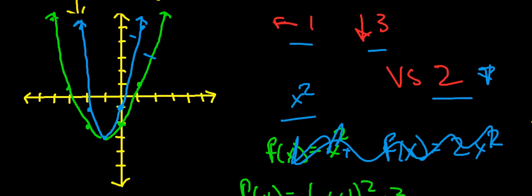So I hope this was helpful in working through these problems. It's really just a matter of doing the problems and being familiar with what each of the base functions looks like. The x squared, the square root of x, just the very simple functions. If you understand those graphs really well, you're going to have a really easy time with these once you understand the basics of what is happening when we add something, subtract something, multiply something.